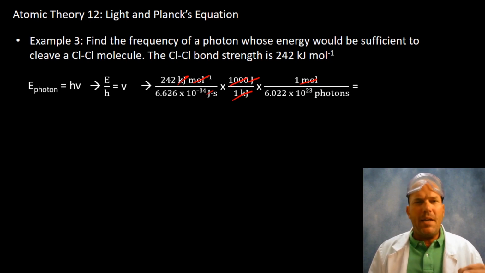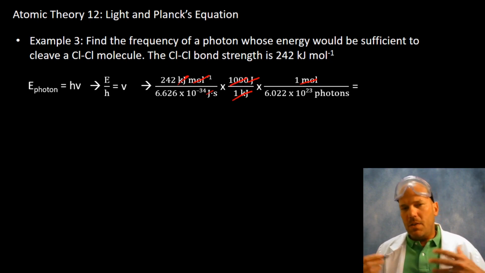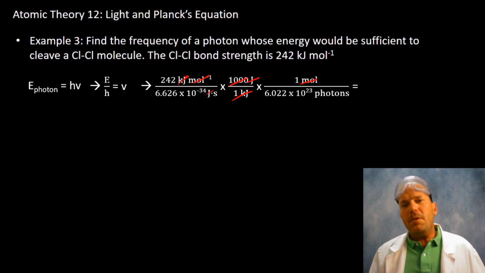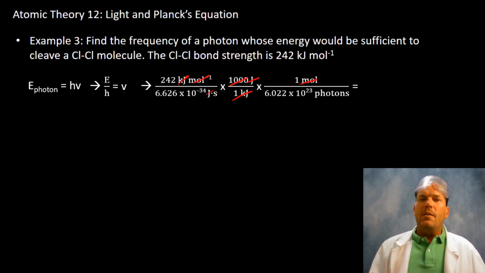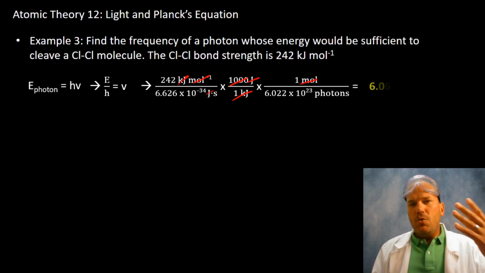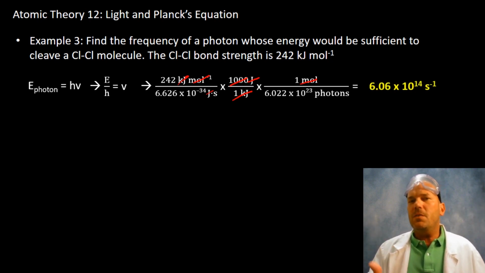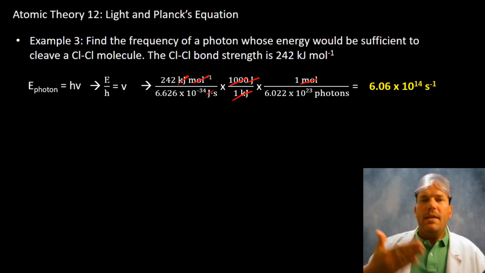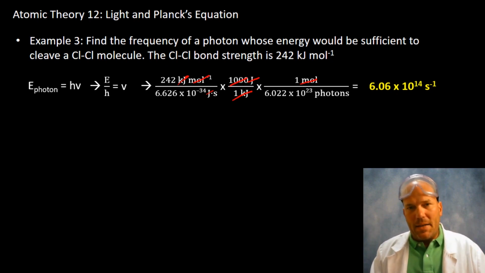Well, remember you're being asked what is the frequency. So the inverse of a second makes sense. That's hertz. Remember you're also being asked the frequency of a photon, of 1 photon. So in 1 photon, you should get 6.06 times 10 to the 14th hertz. So that is the amount of energy per 1 photon that is necessary to break this chlorine bond.